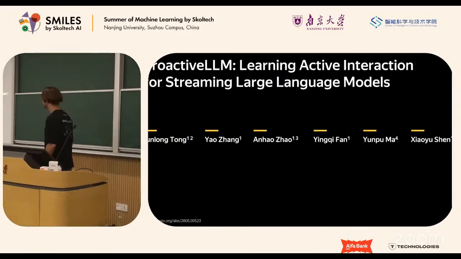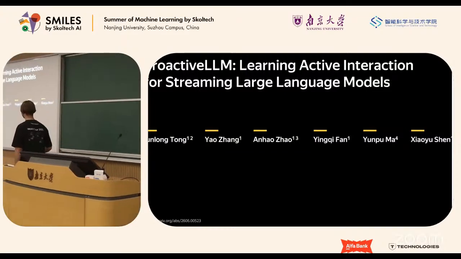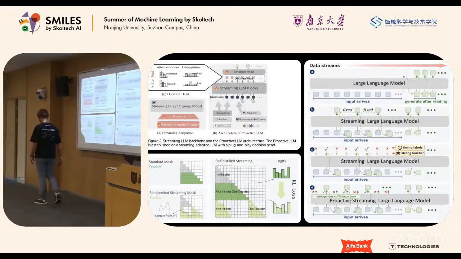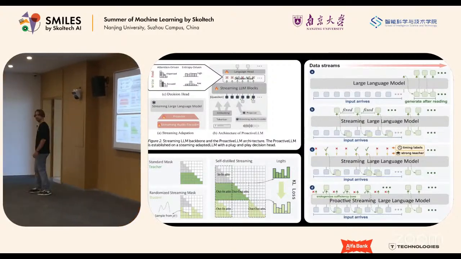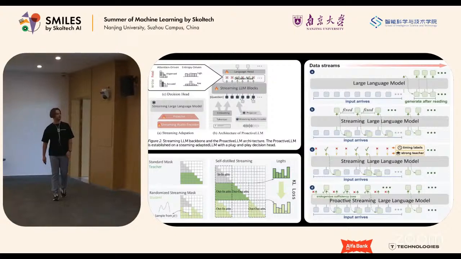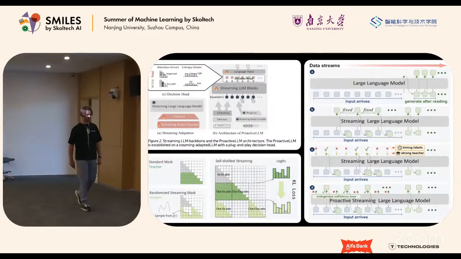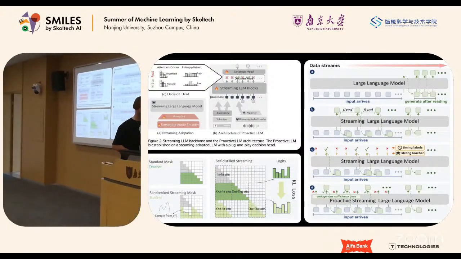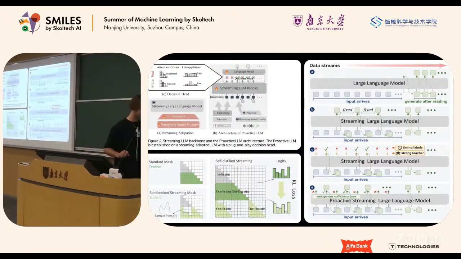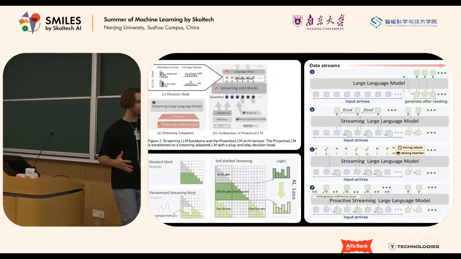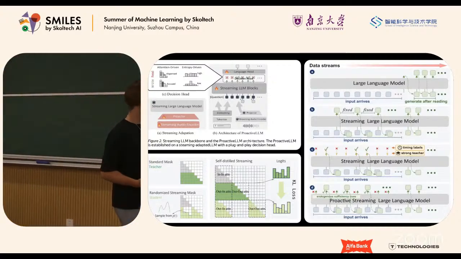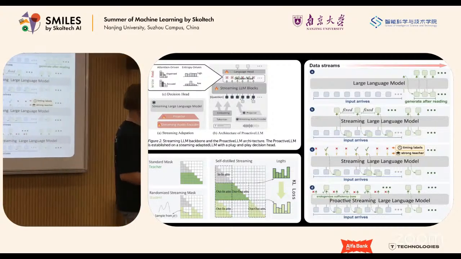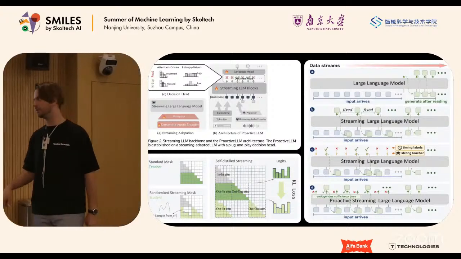Another paper is Proactive LLM, which, with additional training and RL, tries to make the model decide when to answer and when to listen in the scenario where the inputs are coming in real time, and they probably may be long. So you can start generating an answer before you have finished listening to the incoming query.